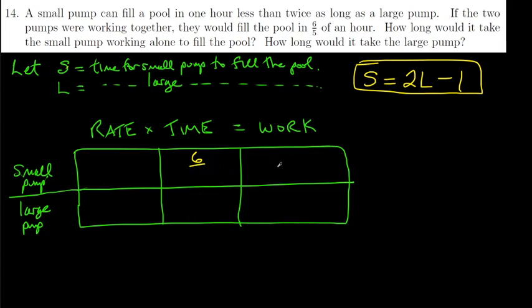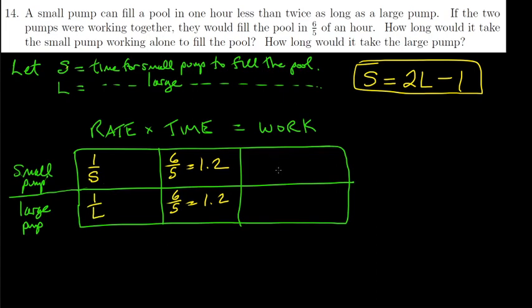Either way is fine, I think, because we are talking about number of hours here. So it's the same time for both because they're both working together. The rate of the small pump is just 1/S. The time is S, so the rate is 1/S. And for the large pump, it's 1/L.